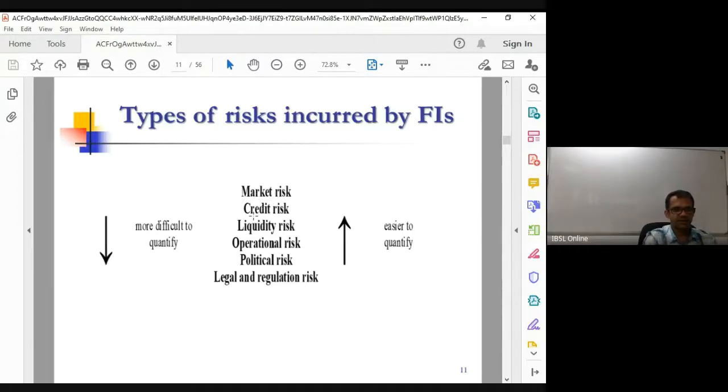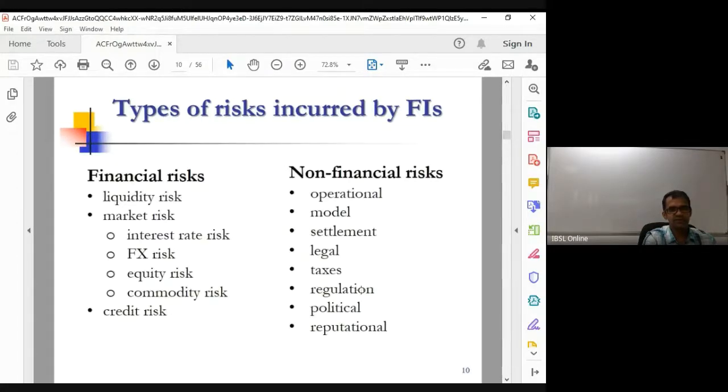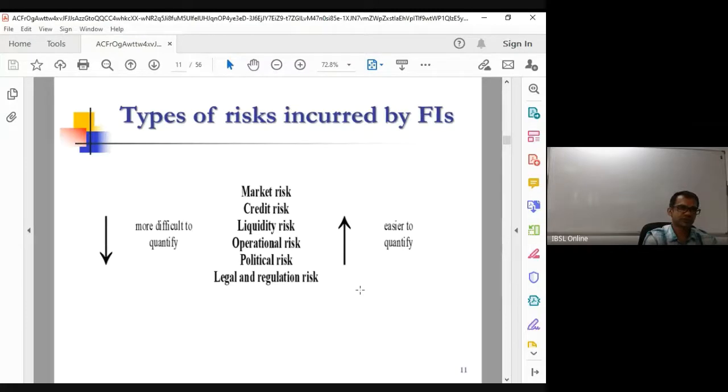The counterparty may default, so there's a risk. The borrower may not repay, so there's a risk. And therefore people have studied how to measure these, what actions we can take, and how to quantify these risks, even the liquidity risk. So that may be one reason that we now have very sophisticated methods to measure these risks. But operational risk, political risk, legal risk, regulation, and all other non-financial risks that we discussed earlier, most of these are very difficult to quantify.